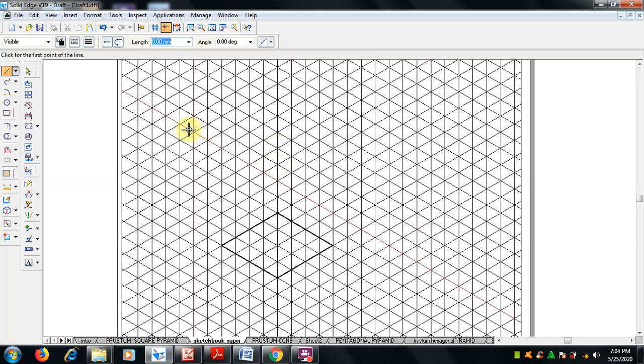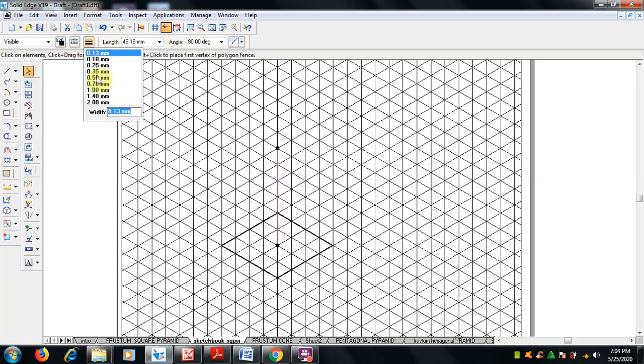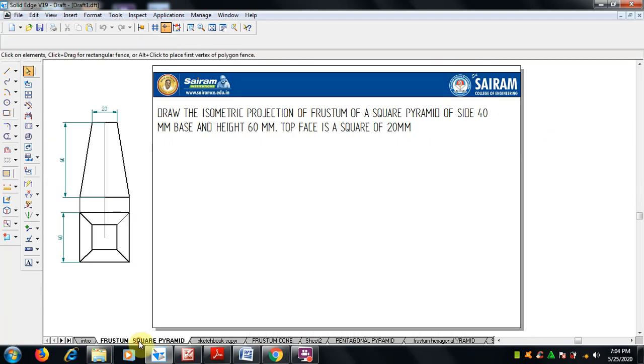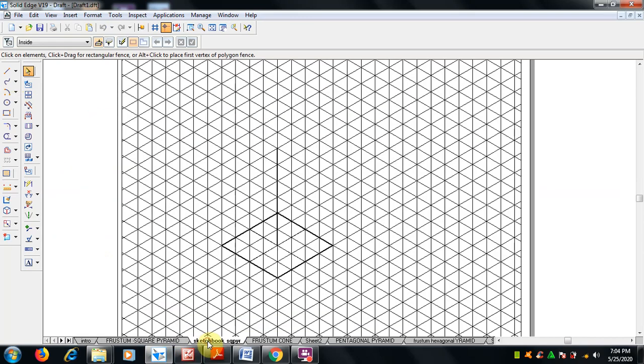If you have confusion, I will select this and make it 0.5 mm thickness to understand. Now we are going to draw the top in this area. What is the question given? We have to draw a 20 square in sketchbook. This is the 20. How to draw the 4 sides?